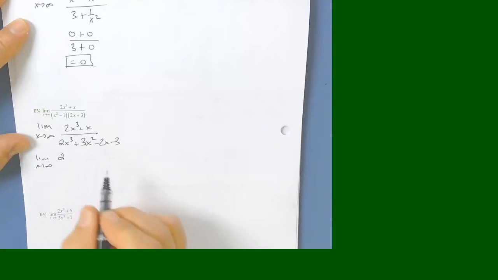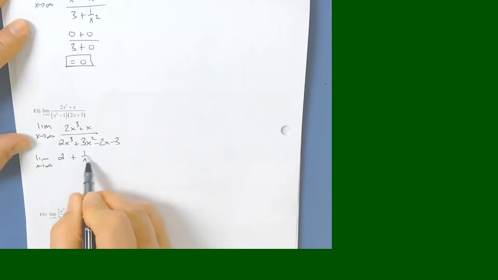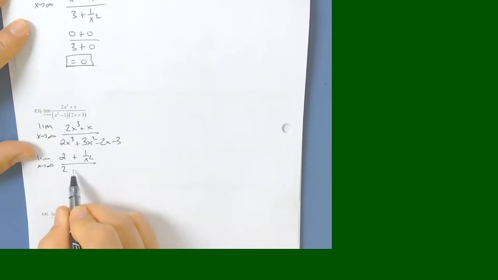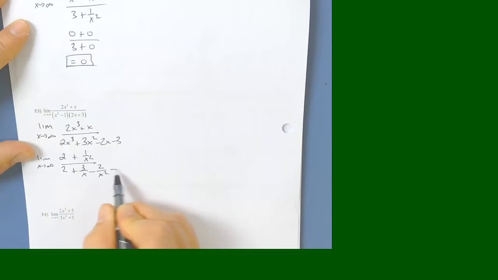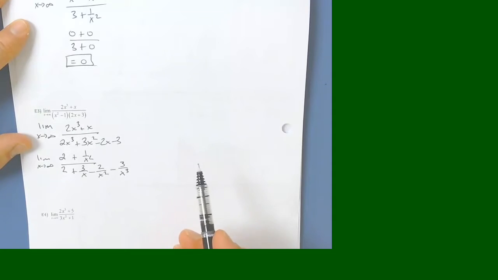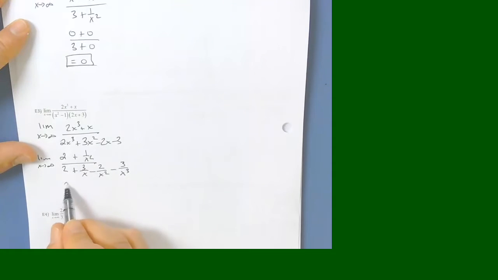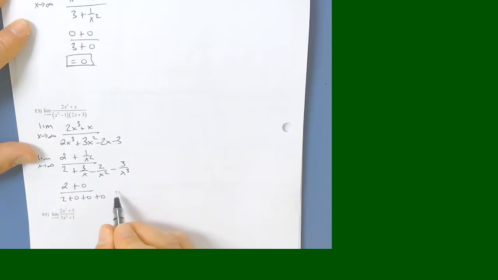Divide, we get 2. Divide, you get 1 over x squared, 2, 3 over x, 2 over x squared, 3 over x cubed. Apply the limit, 2 plus 0 over 2 plus 0 plus 0, which equals 1.